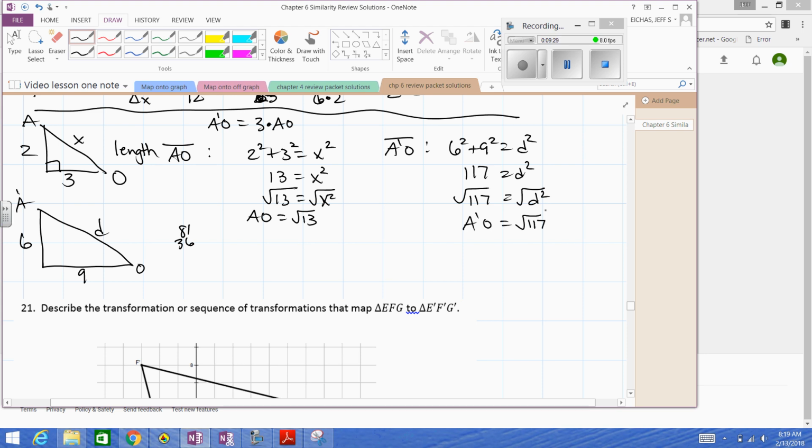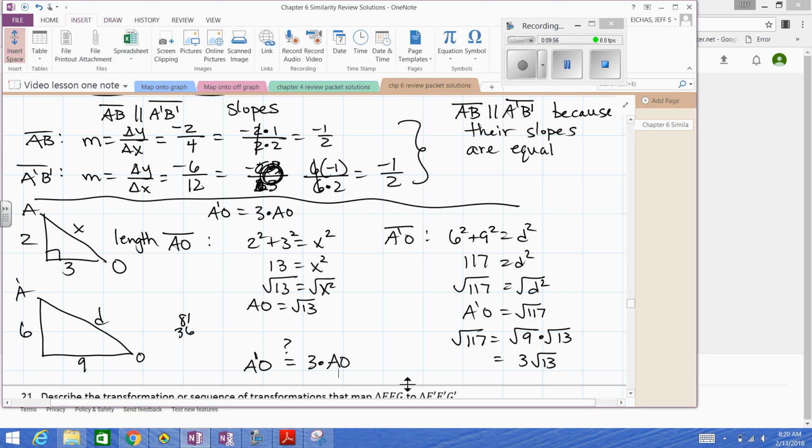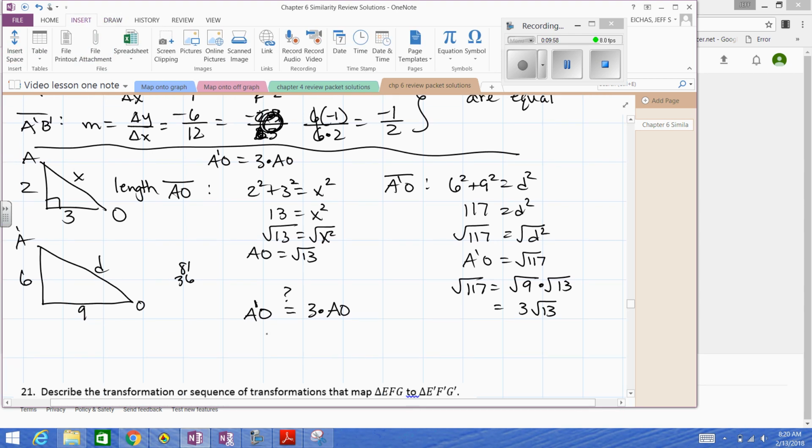Now, what we're going to do is simplify this square root of 117. It's going to be square root of 9 times square root of 13, which turns into 3 square roots of 13. So A prime to O prime, we think is equal. We're going to try to show that it's equal to 3 times A to O. Now, let's substitute in.